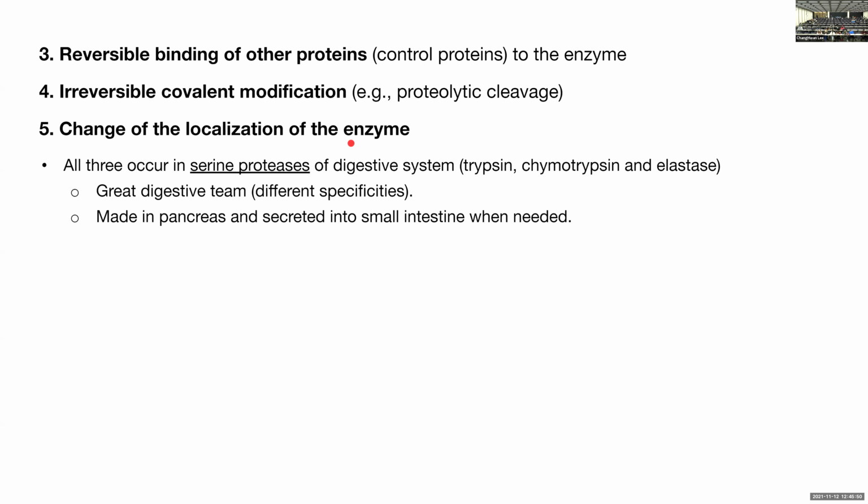So trypsin works as another binding protein for these two enzymes. They work together because they have different specificities for their targets, but work in similar places. They are made in the pancreas, but secreted in the small intestine. So they change their localization for their enzymatic activities too.